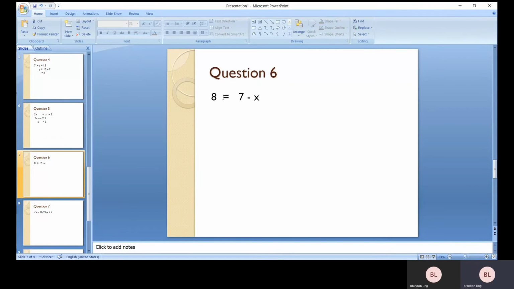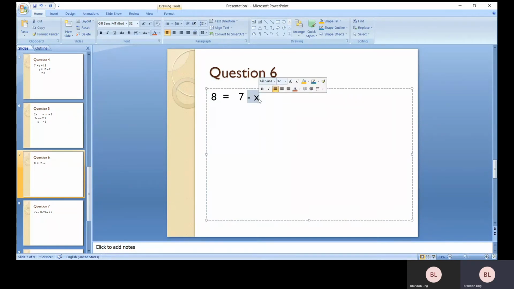Question 6: 8 equals 7 minus x. For this question, maybe I can consider moving minus x to your left side, where it becomes positive x. So minus x, when I move it to your left side, becomes a positive.